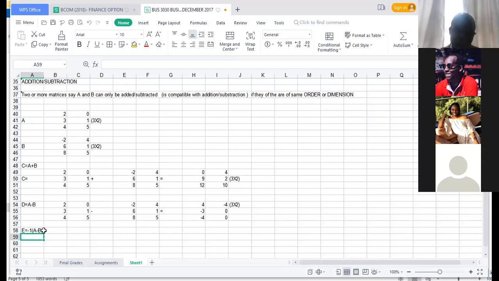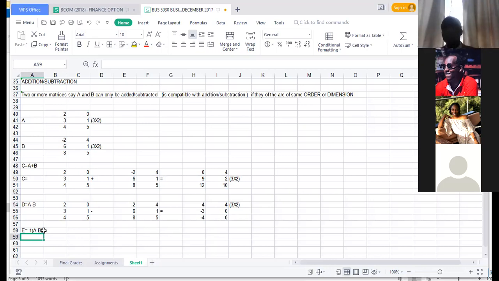So it means that subtraction is not commutative, unlike addition, where A plus B is the same as B plus A, but A minus B is not equal to B minus A. That's what it means.